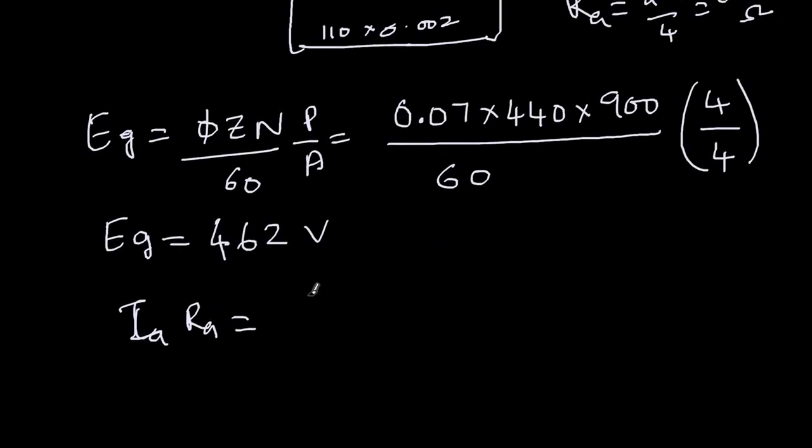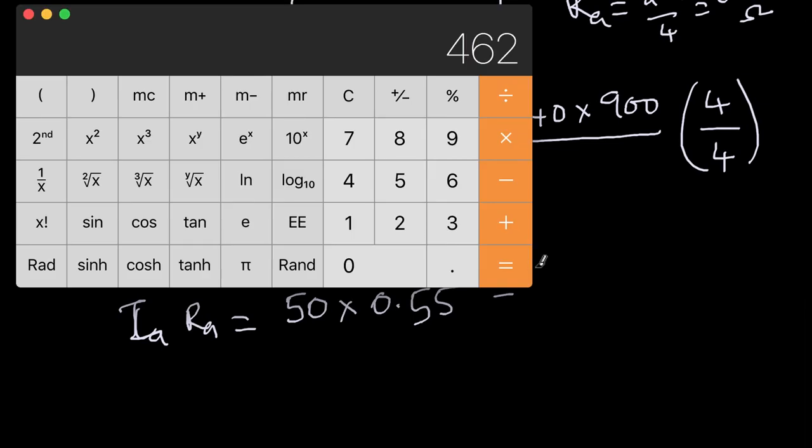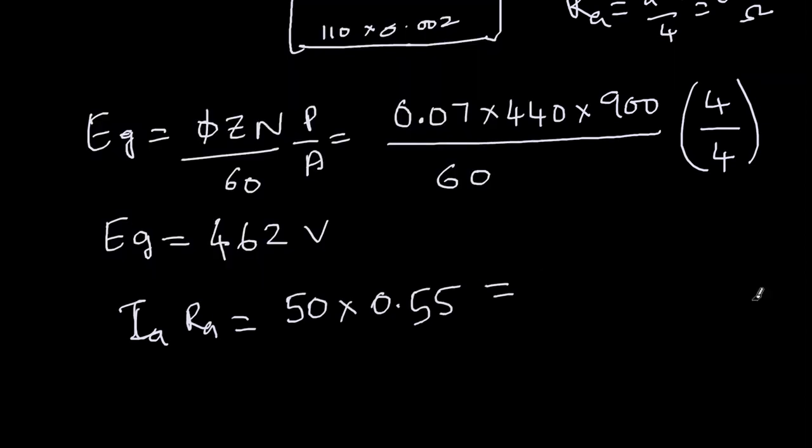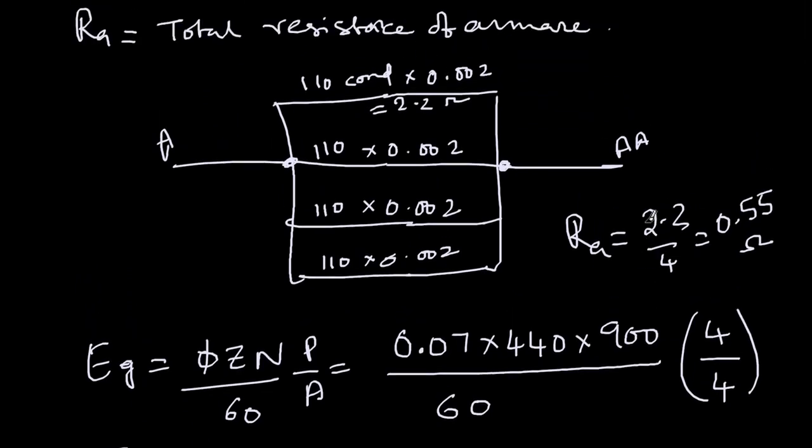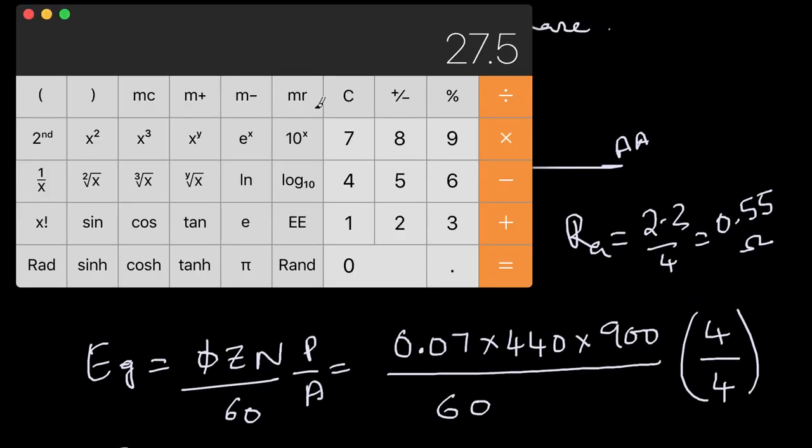So 50 multiplied by 0.55, that is 27.5. It feels rather large, so let's once again check.